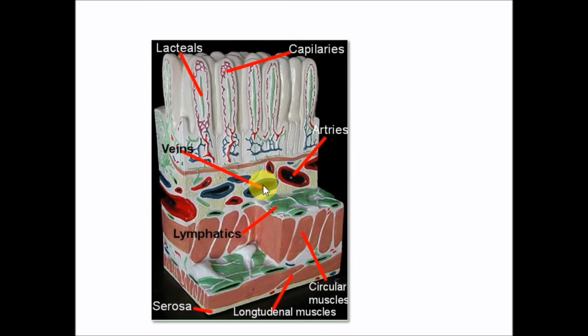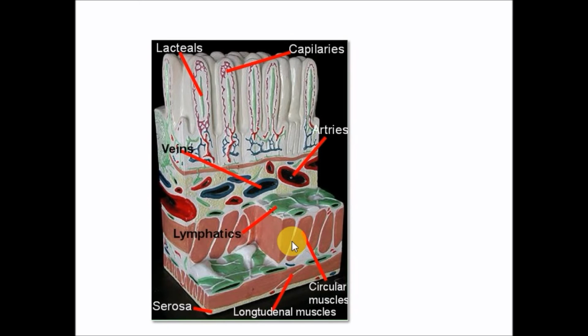But generally speaking, the veins are always blue and the arteries are always red, with the exception of the pulmonary and the fetal circulation, but we're not talking about it right now. So for the respiratory and digestive systems and the rest of the body, only the pulmonary system will have them the opposite way.